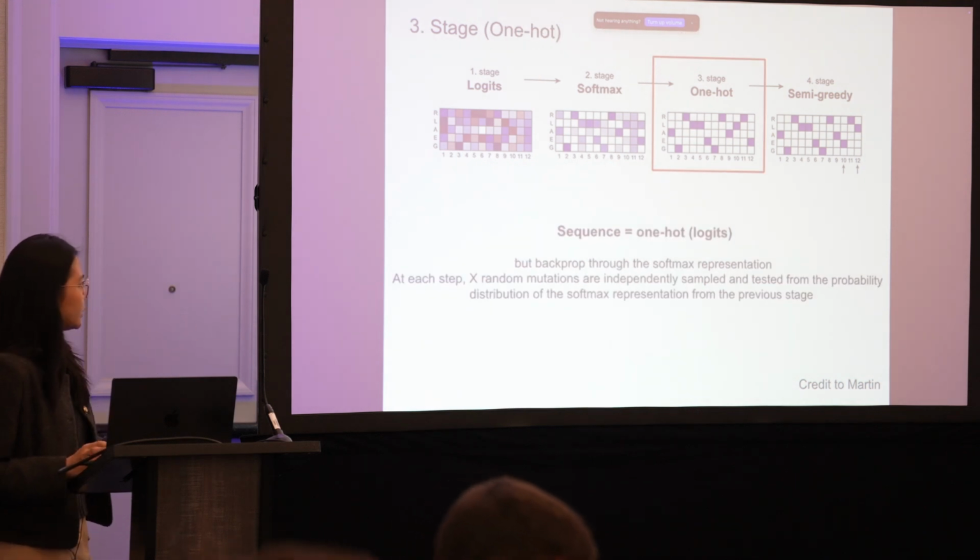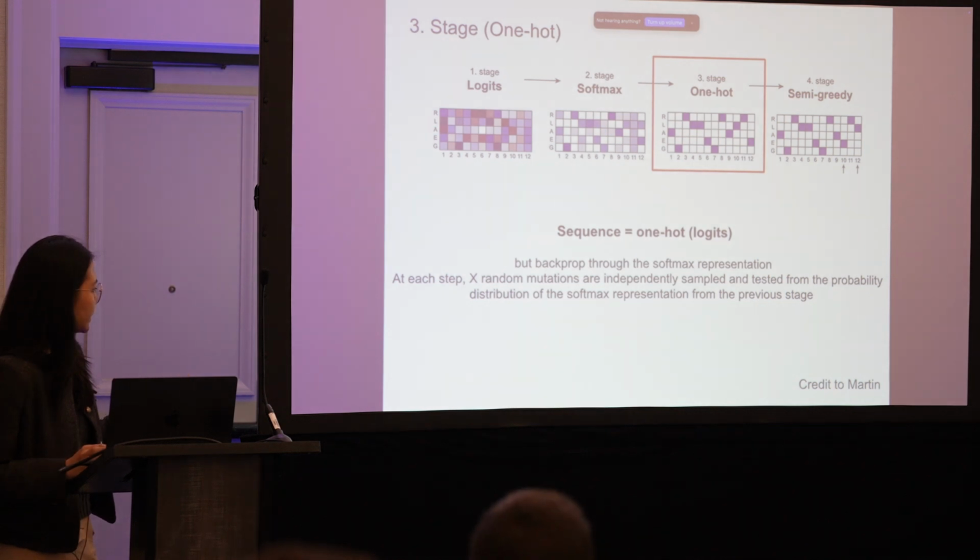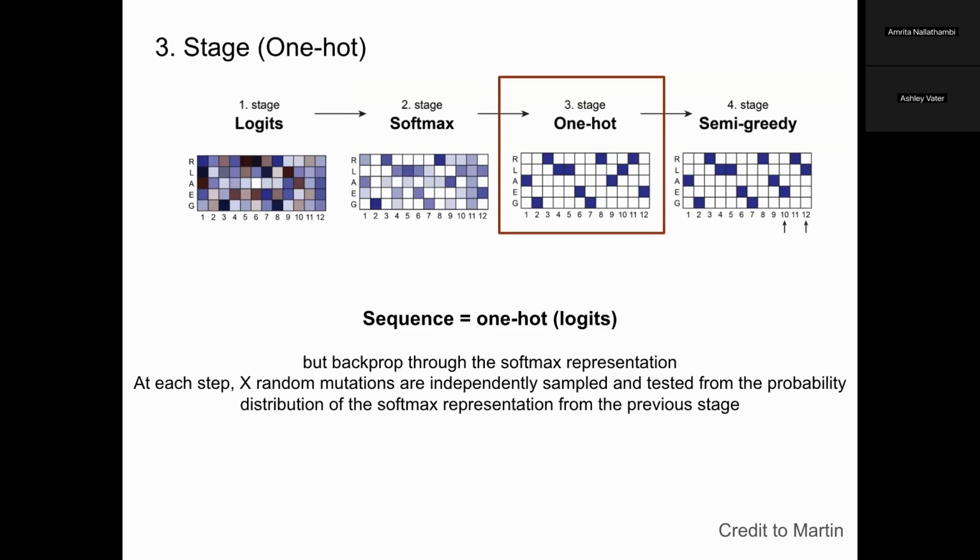The third stage is the one-hot encoded stage. You still backpropagate through the softmax representation, by adding the softmax representation and extracting it to the one-hot encoded representation. So you can still backpropagate through this, but the actual input to the model itself is a one-hot encoded sequence.